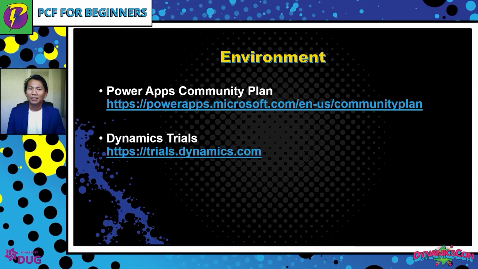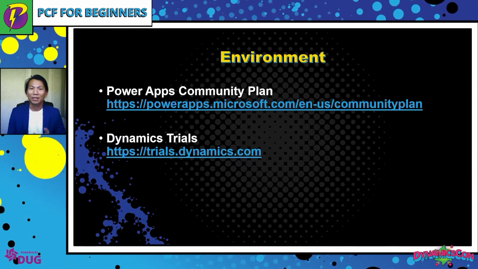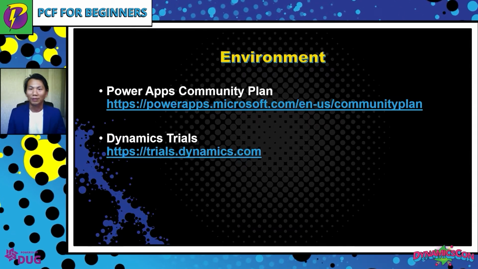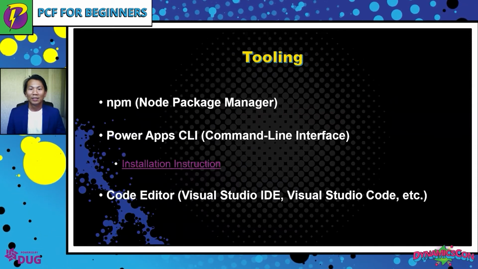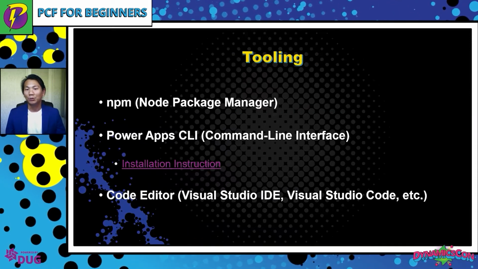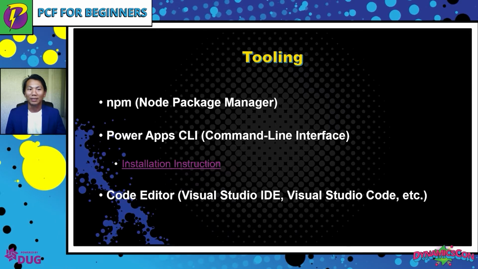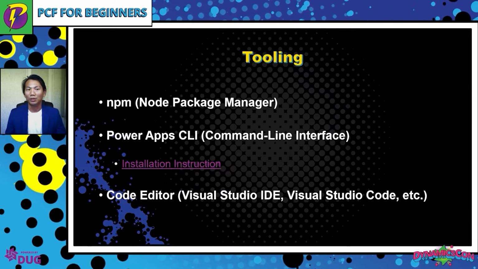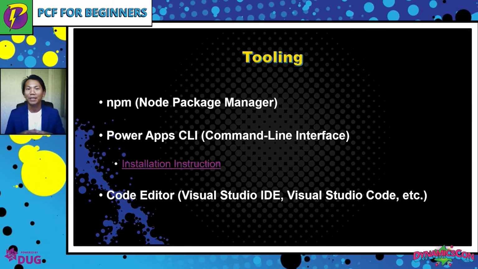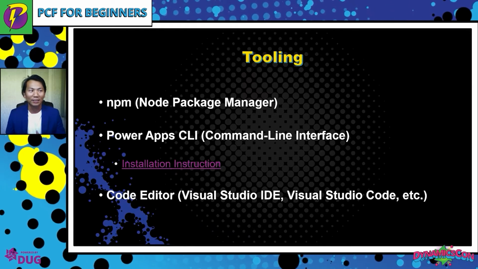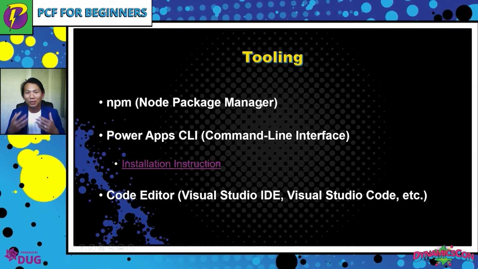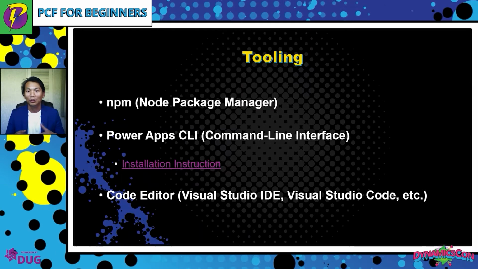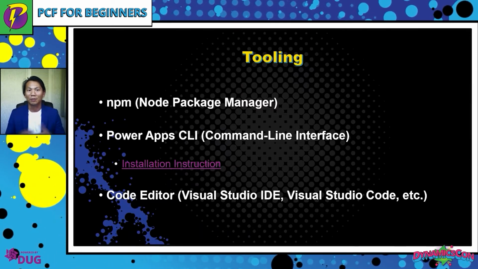Okay, once you get the environments, you start downloading the tools required for it. So the first tool required is the Node Package Manager, NPM, which comes with Node.js. This is the tool that you require to download all the required packages for this tooling.